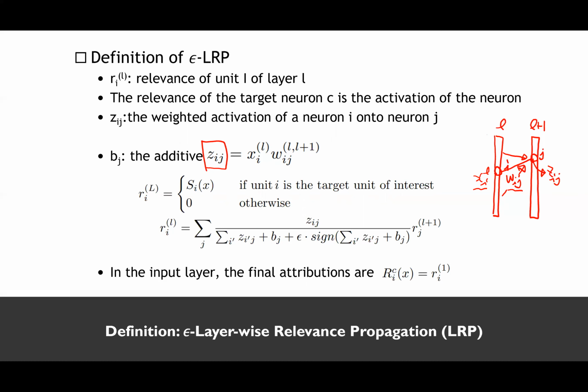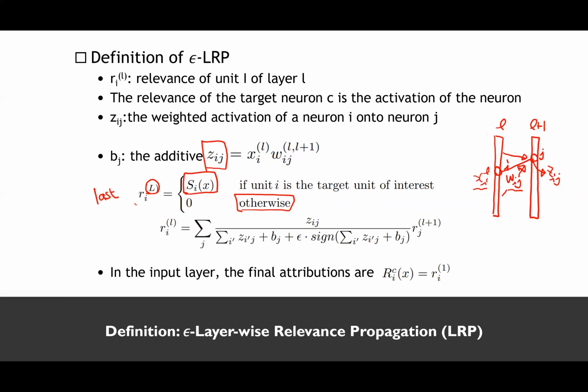Then the computed value will be the gradient times input. If unit i is the target unit of interest, then only if this is the last layer L, the score will remain, but the other classes will be set to 0.